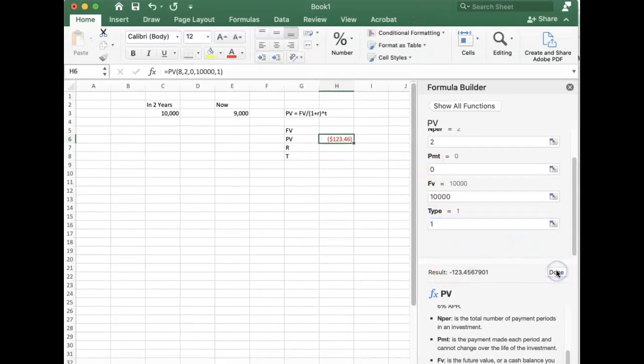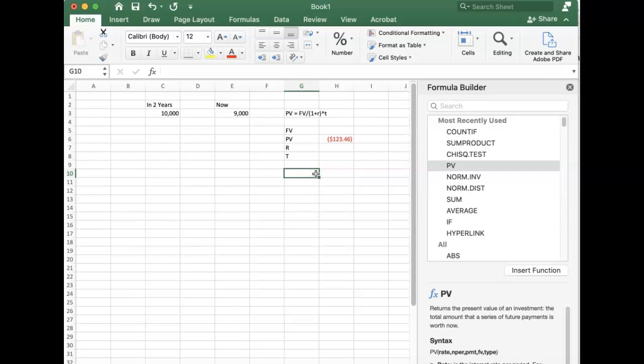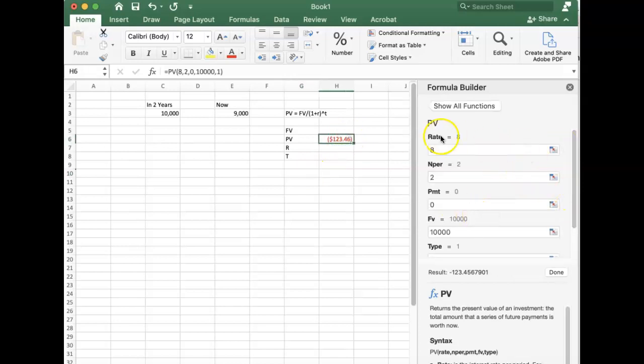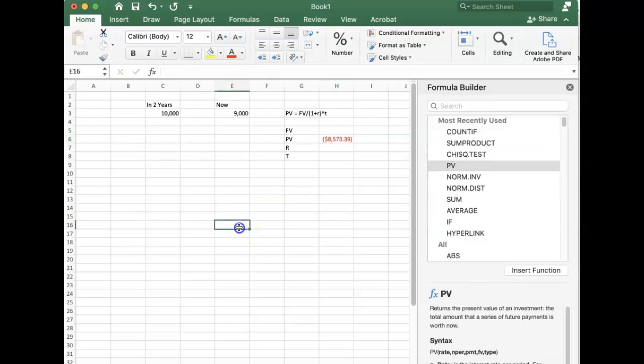So I'm looking here, and I see that with an 8% rate, the present value of $10,000 is going to be worth $8,573.39.